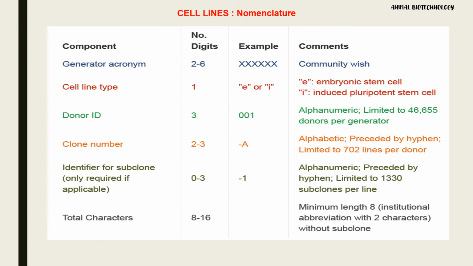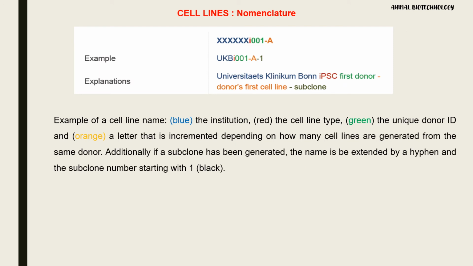Let's understand it with an example. Here, as an example, we'll consider the cell line UKBI001-A-1. Here, the letters UKB in blue denote the institution.